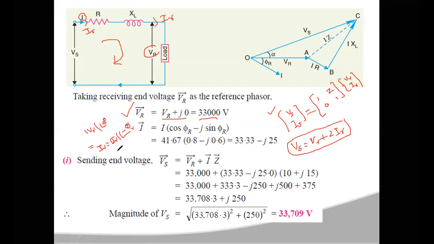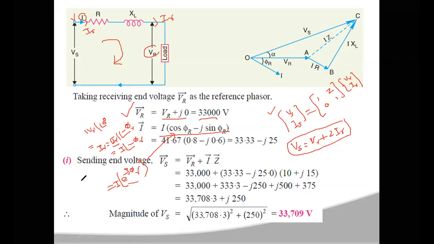Here IR is the same as IS, which is equal to I, as we were assuming. So you can call it I at an angle of minus phi r. This can be written as I into e power minus j phi r, and e power minus j phi r can be written as cos phi r minus j sin phi r. So this is your line current vector.